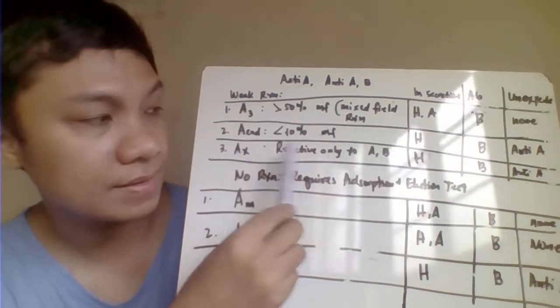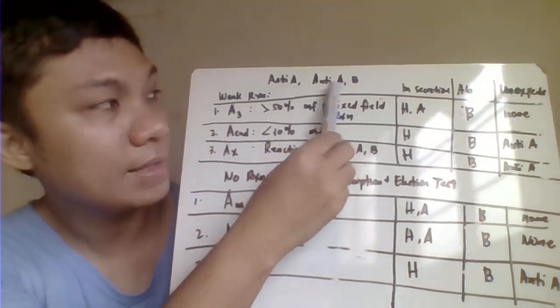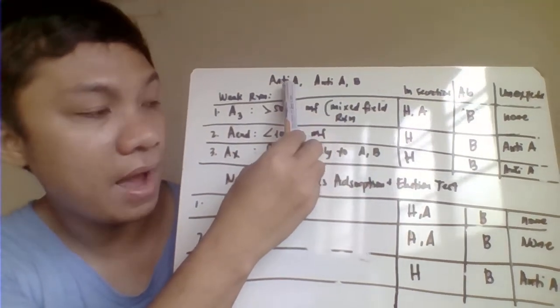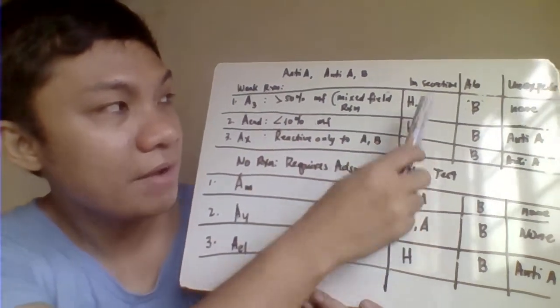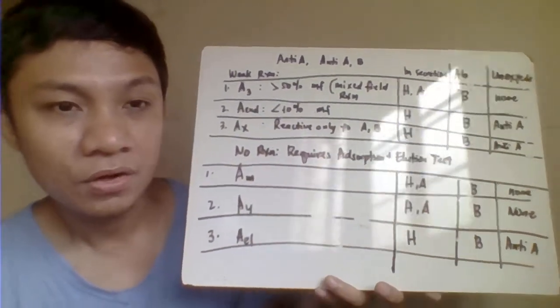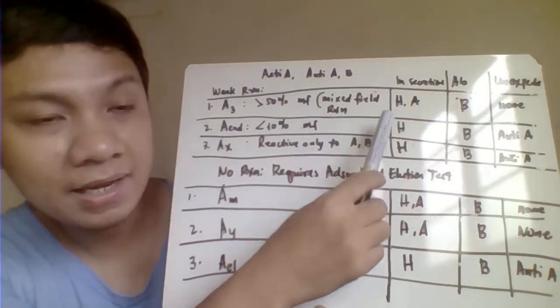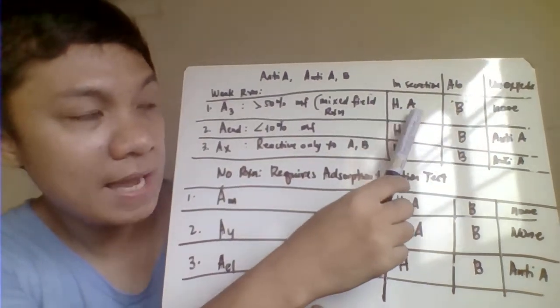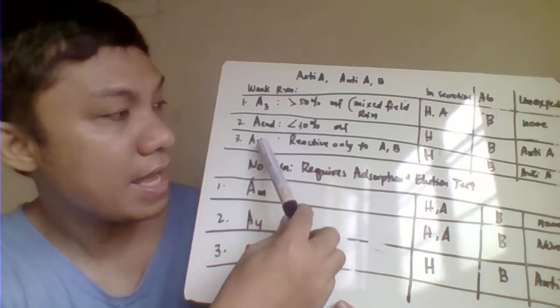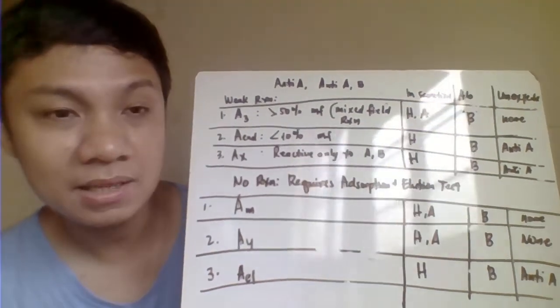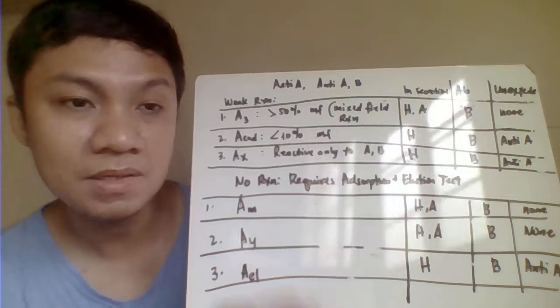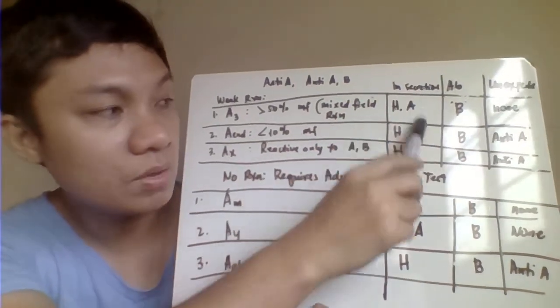Your AX will only react with our antisera here. It will not react with these. Okay, then we have here, in their secretions or even in their RBC membrane, their antigens: we will see H and A for your A3. For AN and AX, only H is what we will see as antigen, both in the RBC membrane and their secretions.